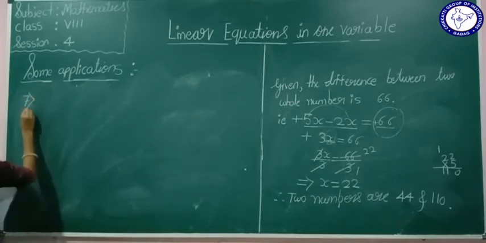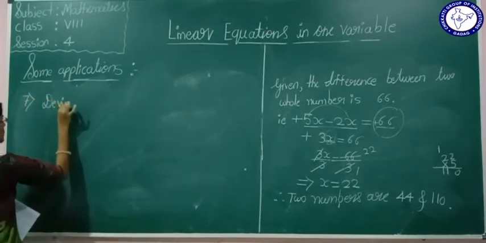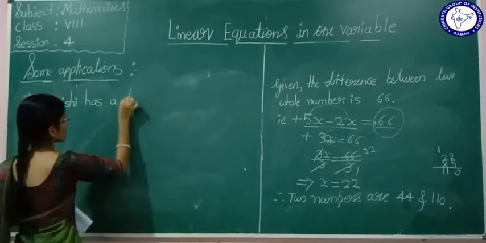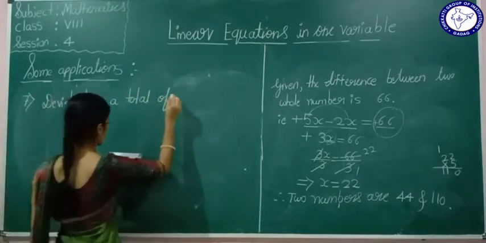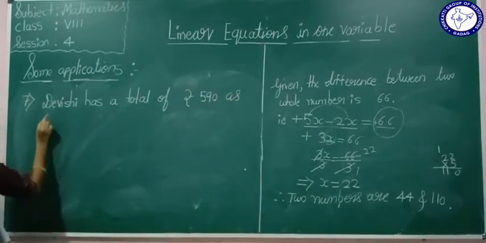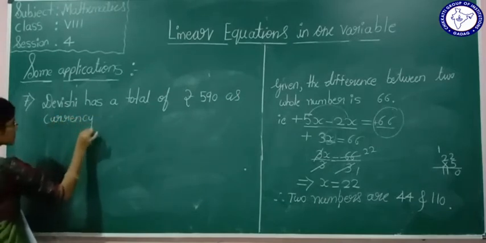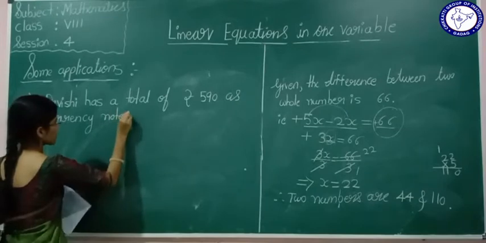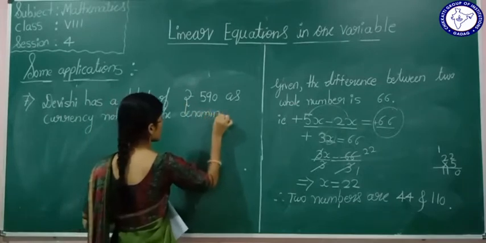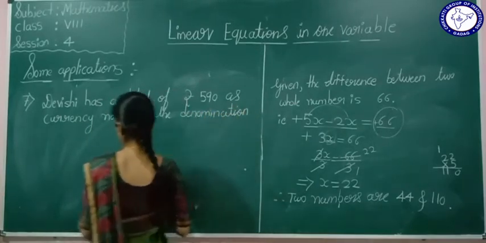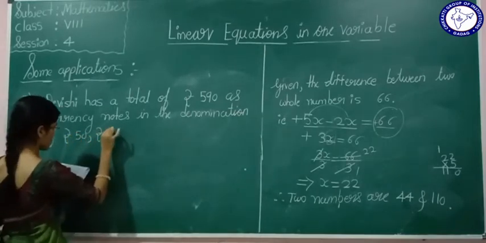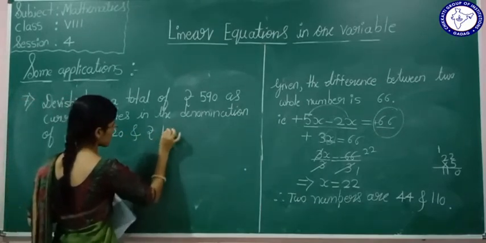See our seventh problem. Devishi has a total of rupees 590 as currency notes in the denomination of rupees 50, rupees 20 and rupees 10.